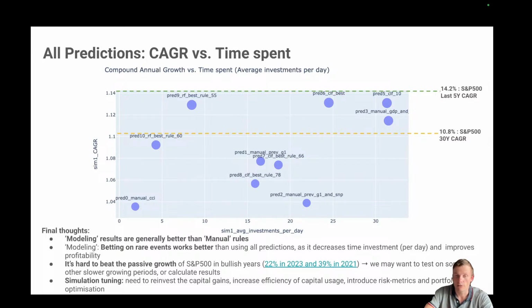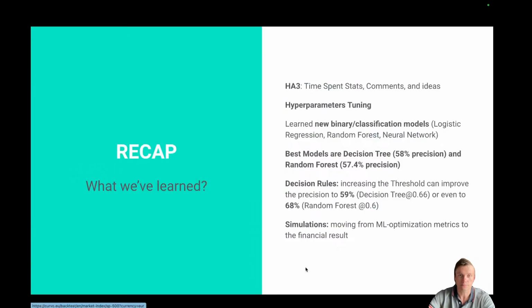We may want to bet $200 per each positive prediction, or we may want to invest or utilize the whole capital that we have on predictions, so that it will generate money for us and not wait until some rare events when prediction algorithms will say us to invest on many positive stock predictions in a few days. And we've also tried to introduce risk metrics and portfolio optimization.